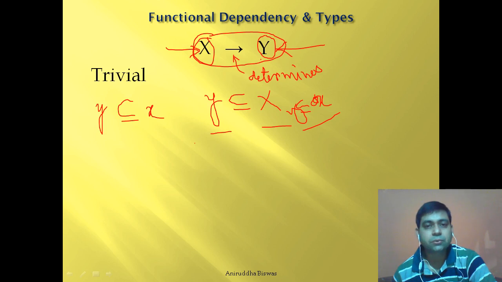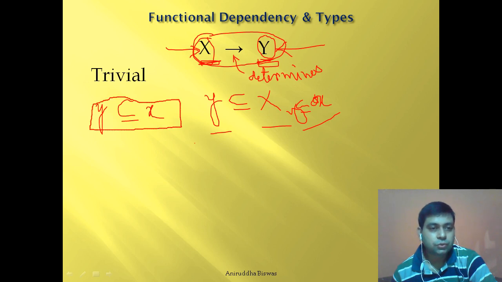Here Y is at the right side and X is at the left side. So to make it a trivial dependency, the right side must be a subset of the left side.